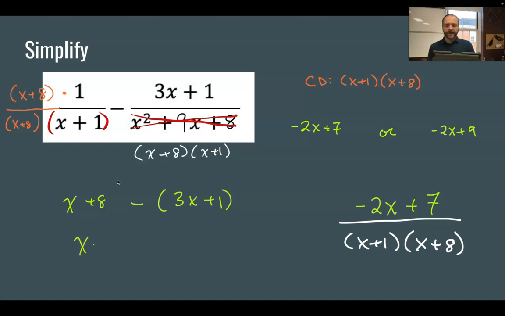And then when you do that, you're subtracting 3x and you're subtracting a 1 if you're distributing it. Hence, negative 2x plus 7. So this student who would do negative 2x plus 9, notice they would forget to distribute to that positive 1. So be aware when it comes to subtraction, the main focus is to realize you're subtracting the numerator of that next expression, so it better be put in parentheses and distributed.